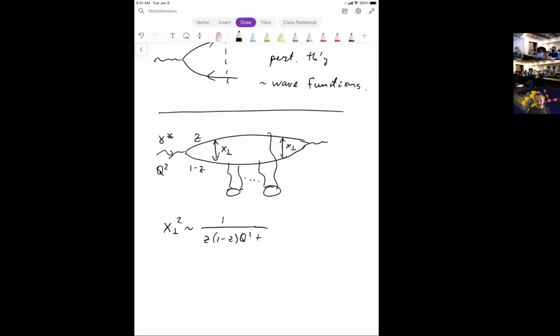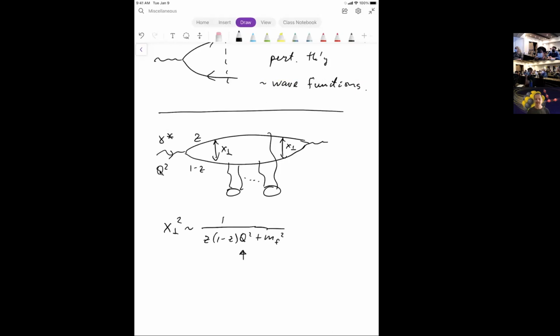And if you're really careful, you also include the quark mass squared. So if you want to vary x perp, you have to vary q squared first and foremost, and then of course vary z. So experimentally, varying x perp is not that easy, right?